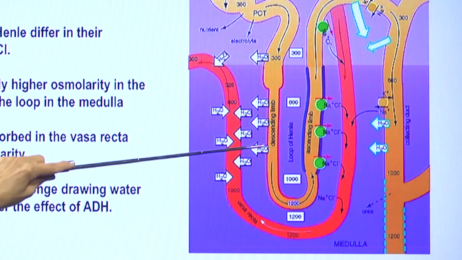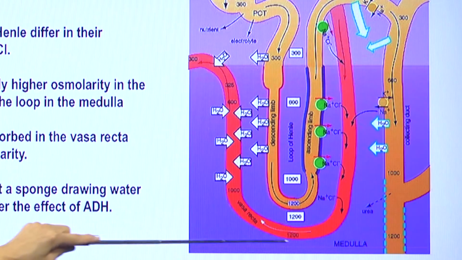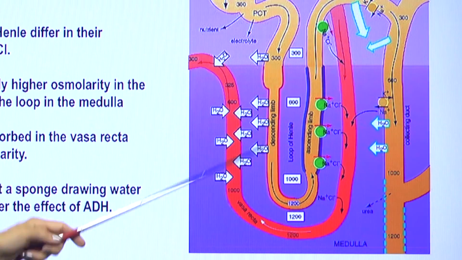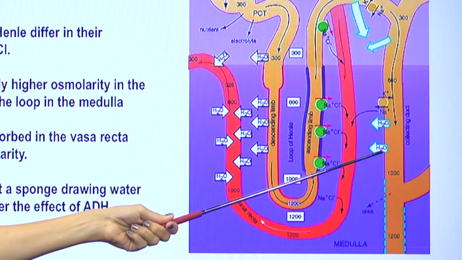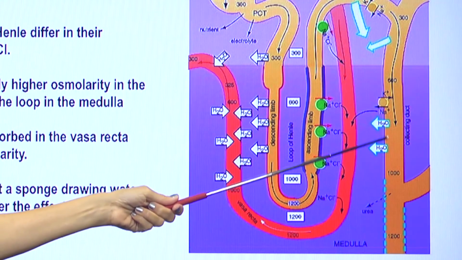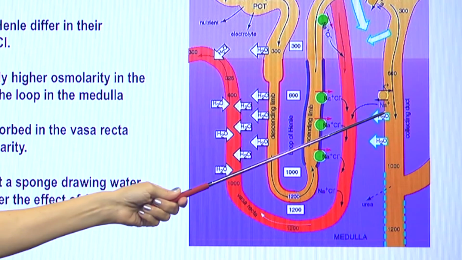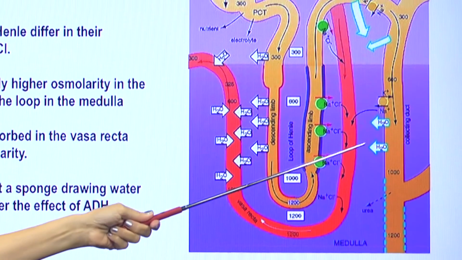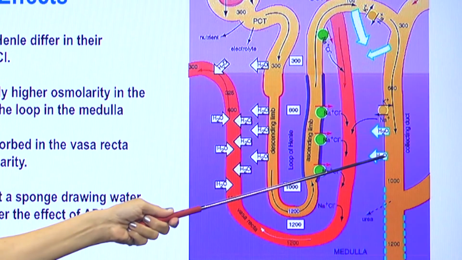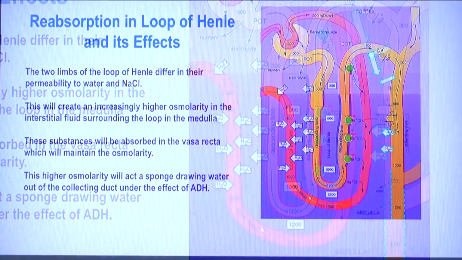These substances are going to be reabsorbed in the Vasa Recta to maintain this hyperosmolarity. Under the effect of antidiuretic hormone in the distal convoluted tubules, in the collecting ducts, once the aquaporins are inserted, water is going to be sucked in, it's like a sponge, into the interstitial area and back into the blood.